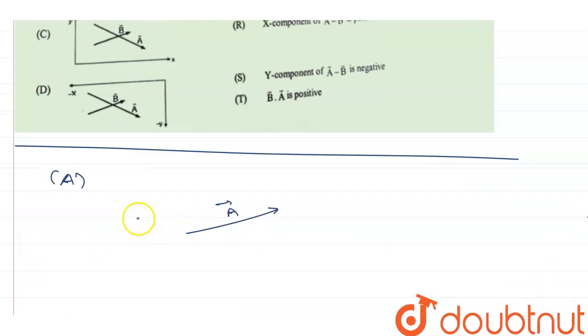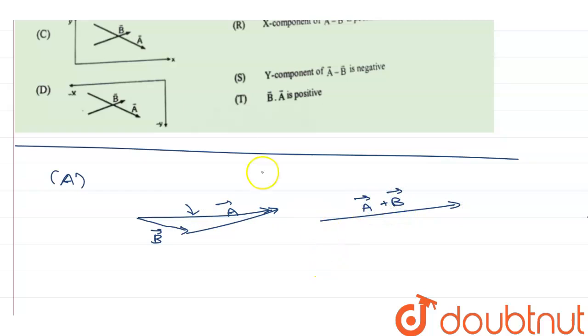If I do that, it looks like this, which means this vector shows the sum of A plus B. So this vector will become A plus B. So A plus B looks something like this, which means its y component is pointing in positive y direction, and its x component is pointing in the positive x direction.